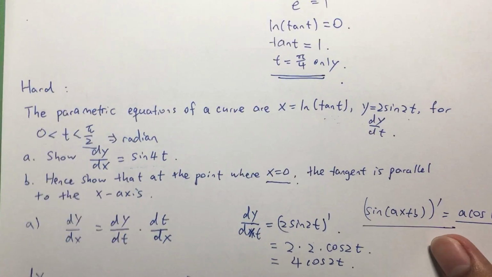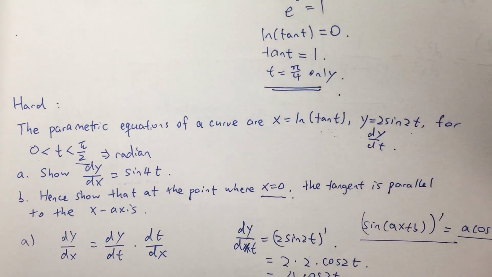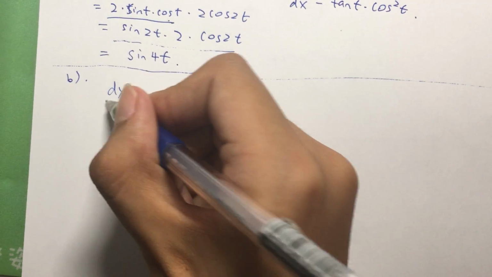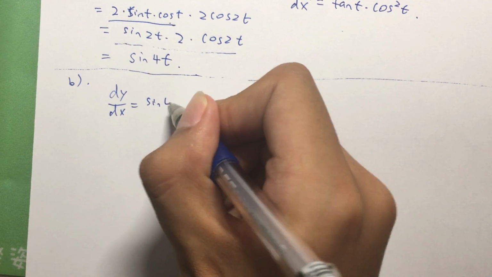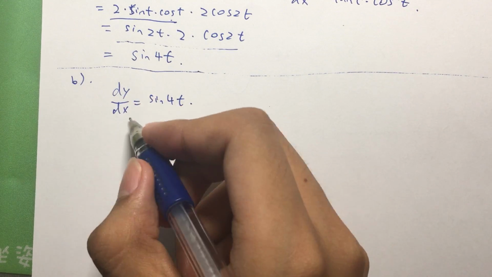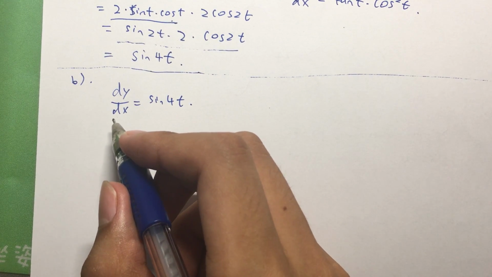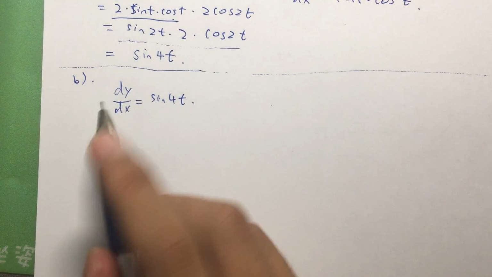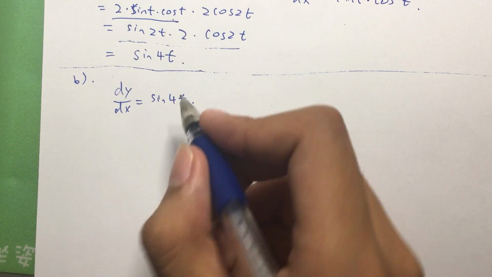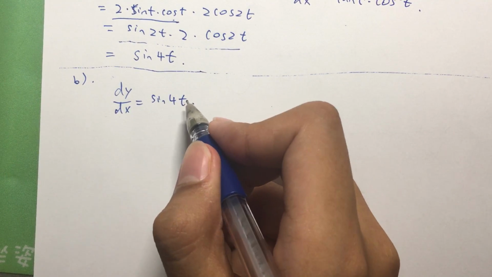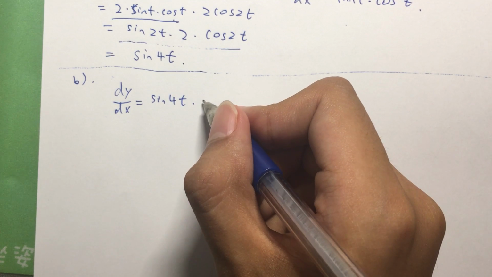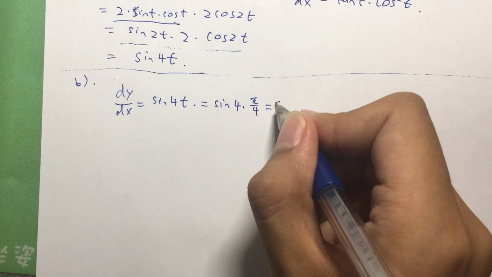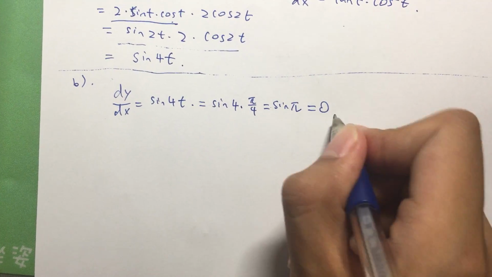Now this is a very important part. We know that t is equal to pi over 4, and we know that dy over dx equals sine 4t. Because dy over dx is the differentiation of the equations, and what we required is the tangent, and the tangent is exactly equal to the differentiation, let's substitute t equals pi over 4, which is sine 4 times pi over 4 equals sine pi, and that is equal to 0.